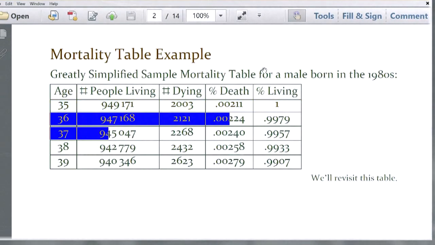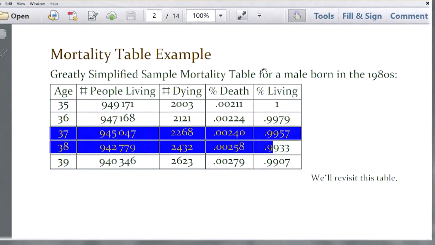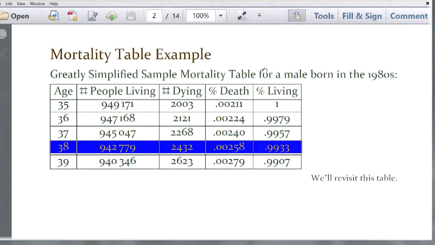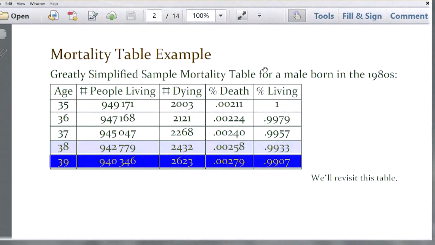Between 36 and 37, 2,121 men are expected to die. Between 37 and 38, 2,268 men are expected to die. Between 38 and 39, the number is 2,432. Finally, between 39 and 40, 2,623 people are expected to die.